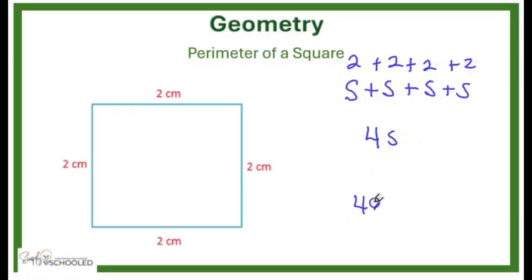So 4 times 2 equals 8, which is the same as adding 2 together 4 times. So the perimeter for a square would be 4s.